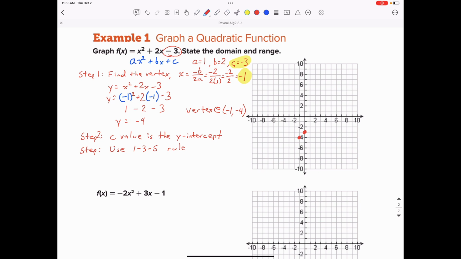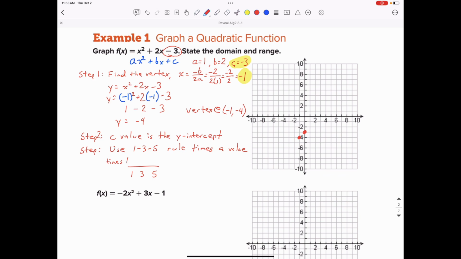So to modify the 1-3-5 rule, you're going to take the 1-3-5 rule times the a value, which is positive 1. So when you take 1-3-5 times positive 1, you still get 1-3-5.